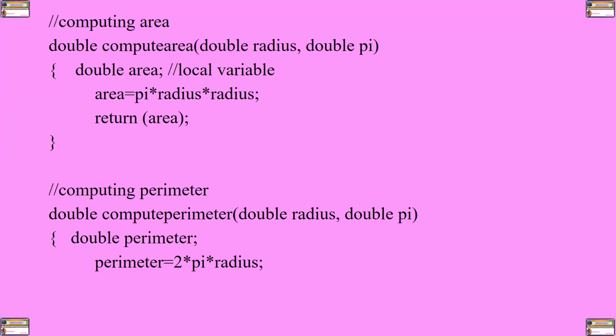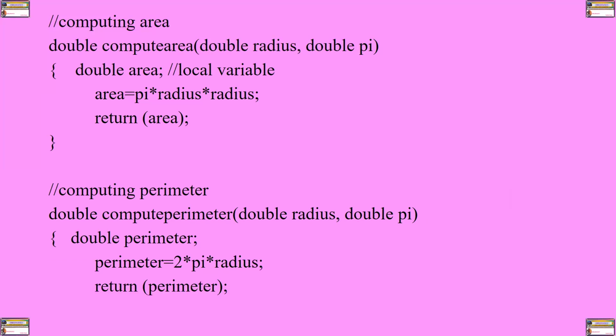Then we tell the processor to pick the value that has been received through the parameter called radius, multiply it by the value held temporarily in the parameter called pi, multiply the result by 2, and then assign those results to the local variable called perimeter.